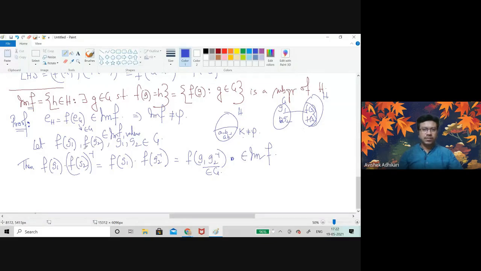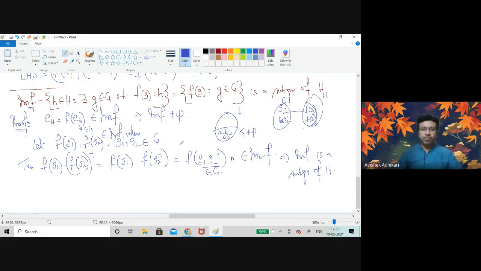As we started with two elements from here, we showed that this into this inverse is also within the image of f. That implies the image of f is a subgroup of H. Clear? Okay.